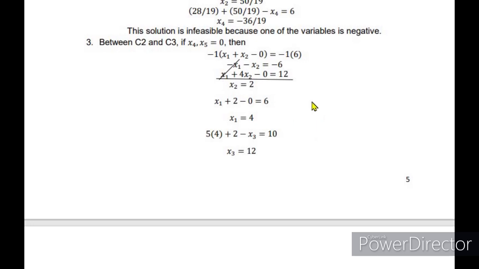Then just substitute the value of x sub 2 to the second constraint. Since x sub 4 is 0, you can get x sub 1, which is 4. Now just substitute the two values, x sub 2 and x sub 1, to the first constraint. So simplifying, we got x sub 3 is equal to 12.